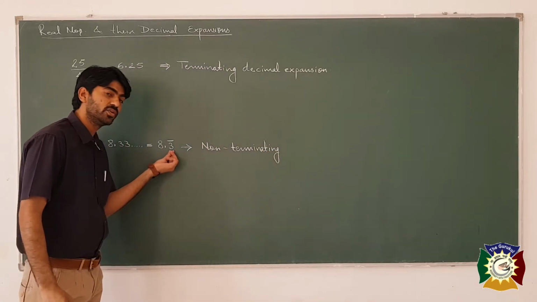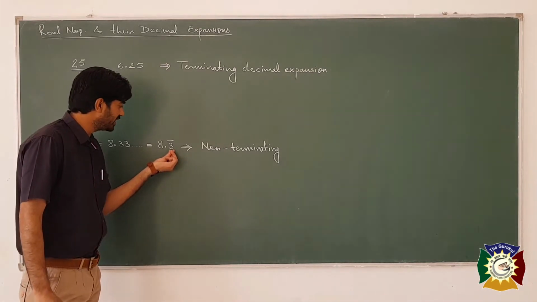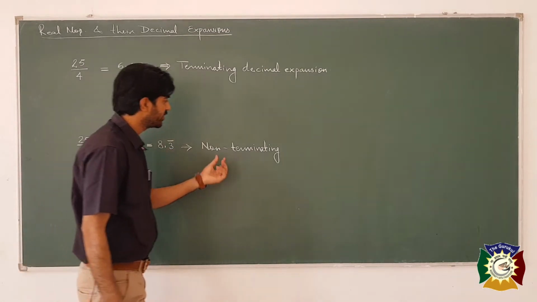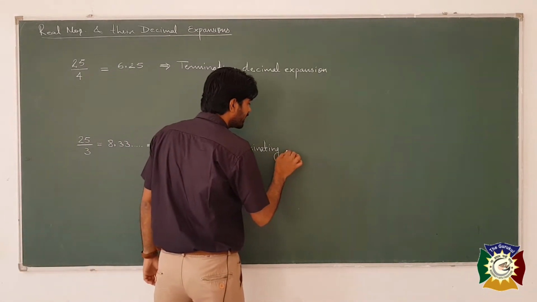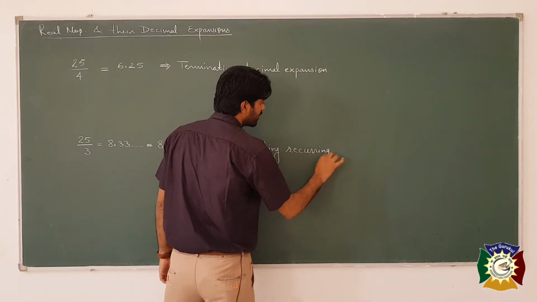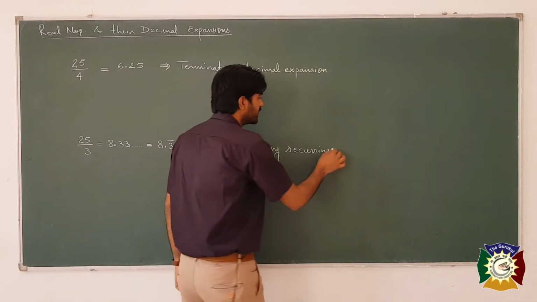But in non-terminating it is repeating, recurring. Recurring means any digit is being repeated again and again. So here 3 is being repeated, therefore it is non-terminating, recurring. Another word for recurring is repeating.